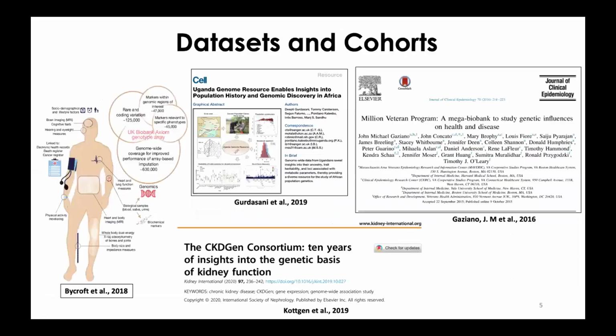And yes, the data sets and cohorts that we needed: one was the Million Veteran Program, which is a cohort based in the US. It's for US veterans, and this actually contributed the biggest number of individuals to our studies. And then the other one is the African Genomics Consortium, which is also a collaboration between different groups, but majorly focused on chronic kidney disease.